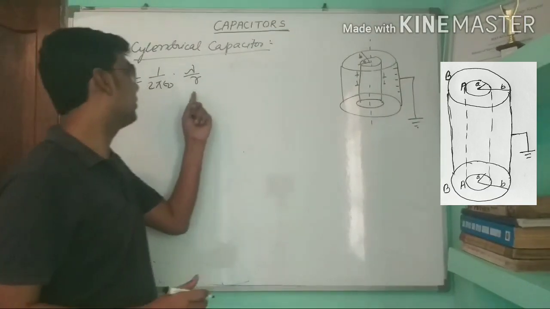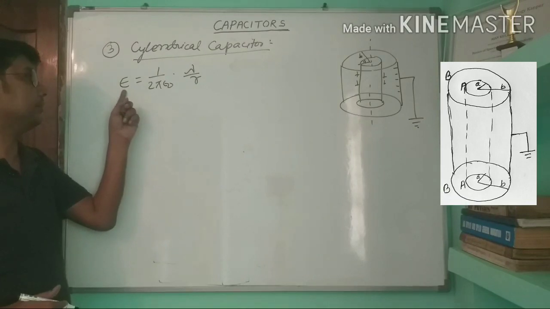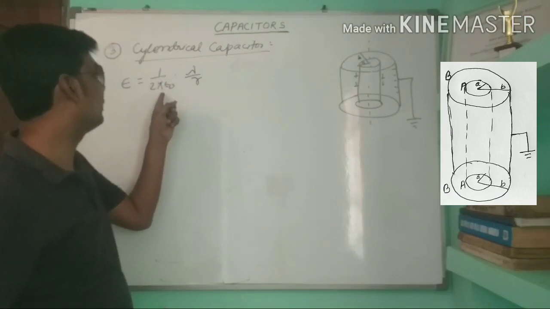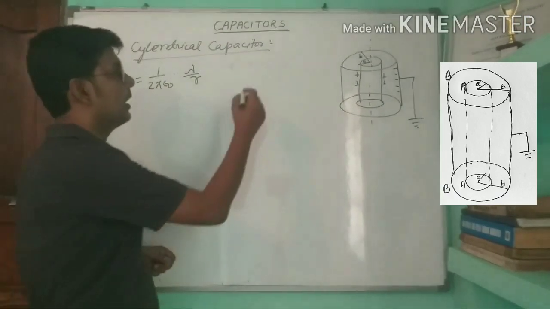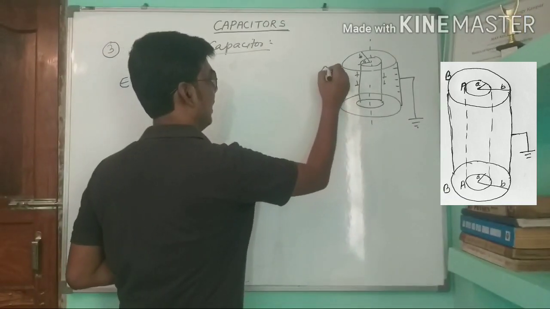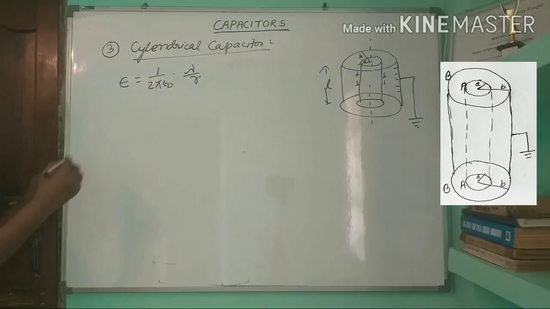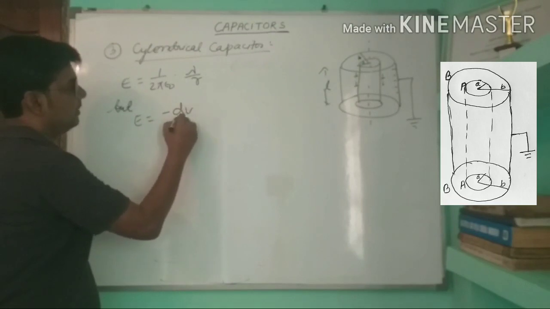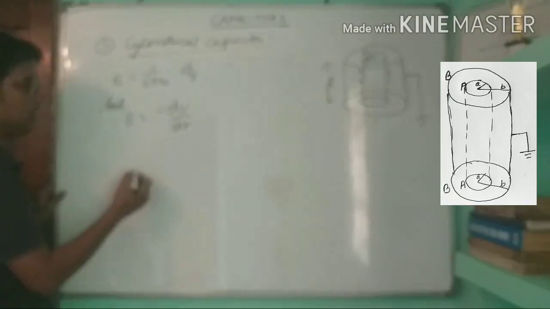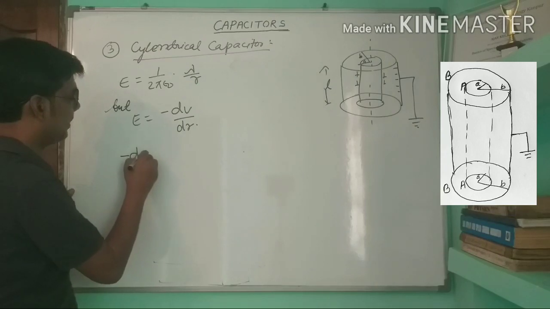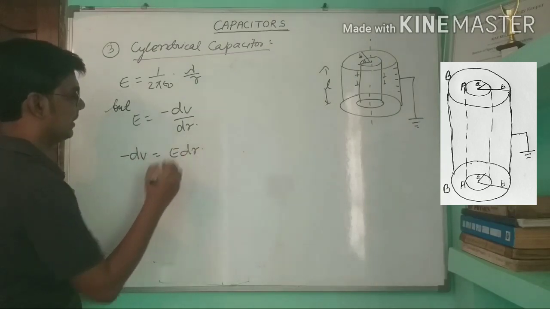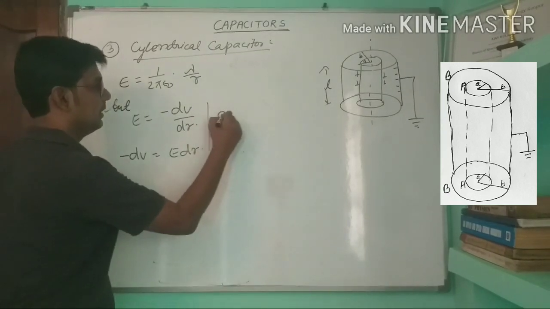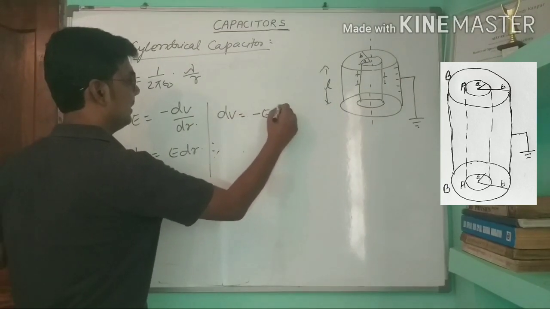As from the Gauss theorem, electric field intensity due to a cylindrical conductor is 1 by 2 pi epsilon 0 lambda by r, where this is the length L. But E equal to minus dV by dr. From here, dV equal to minus E dr.